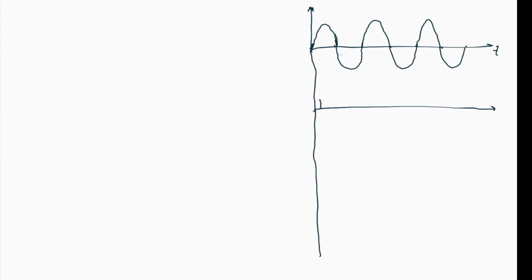Let's say we have an arbitrary sinusoidal input signal x(t), and we sample it in such a way that there are three samples for the positive cycle and three samples for the negative cycle. So one cycle has six samples.